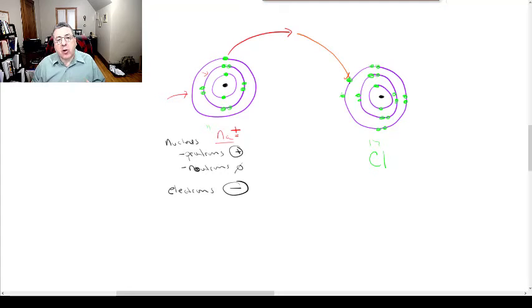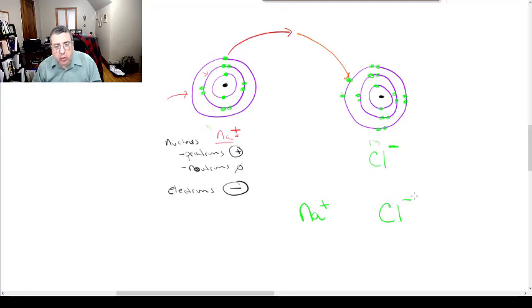Okay? So now we've got 18 negative charges, 18 electrons. We have 17 positive charges, 17 protons. So we have one more negative charge than we do positive charge. So this is represented as a negative. So when you see symbols, you will see me writing throughout the semester Na positive, and Cl negative.